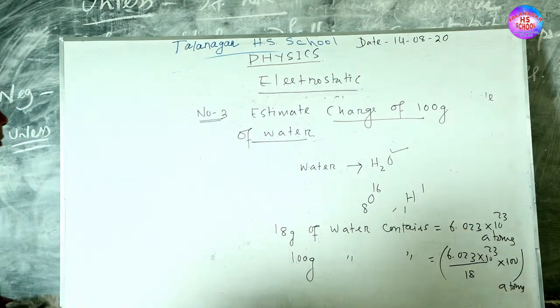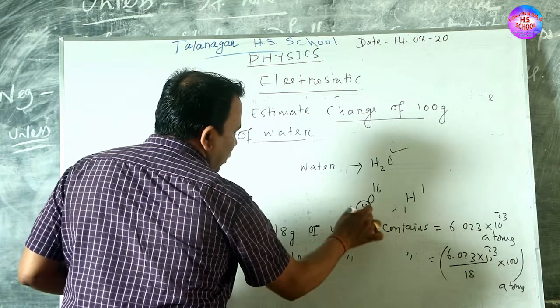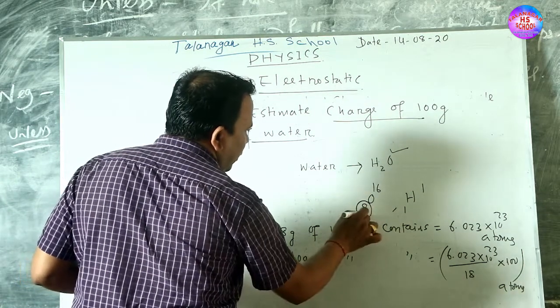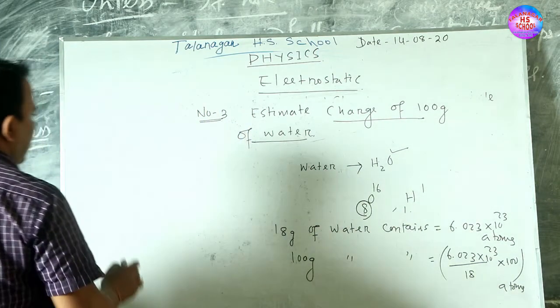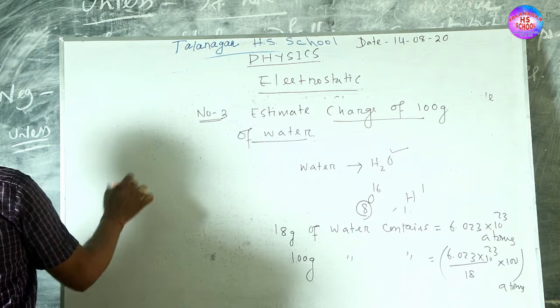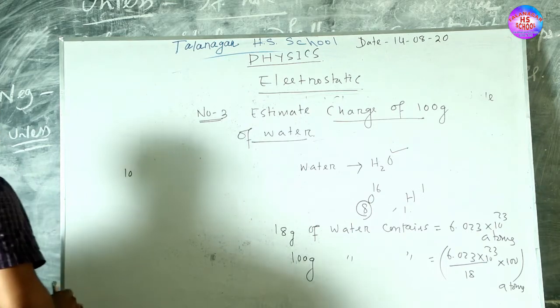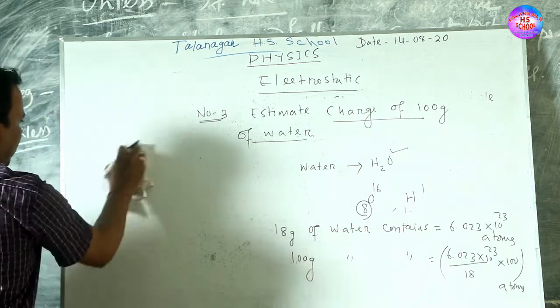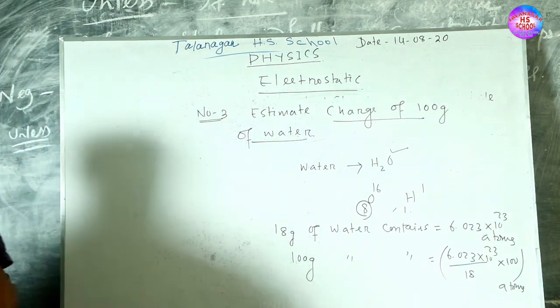Each molecule contains how many electrons? Oxygen has 8 and the hydrogen has 2. That means 10. Each molecule contains 10 electrons.